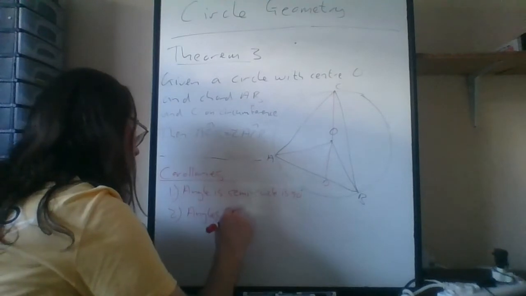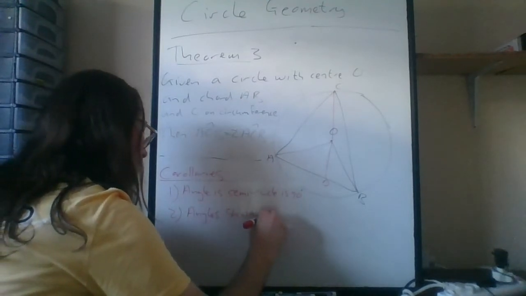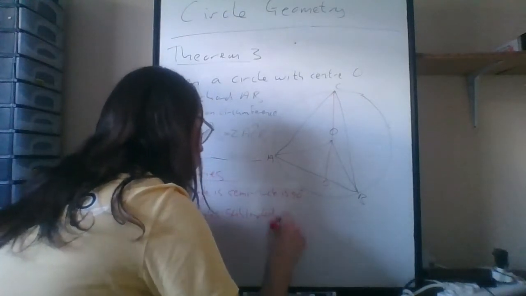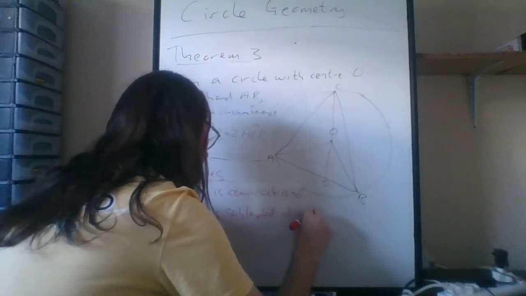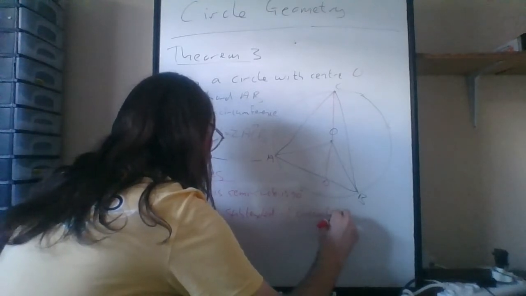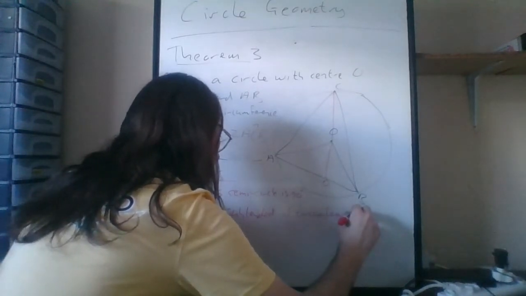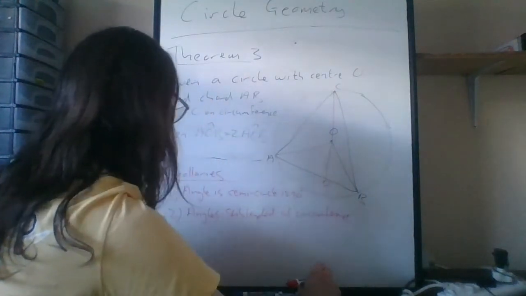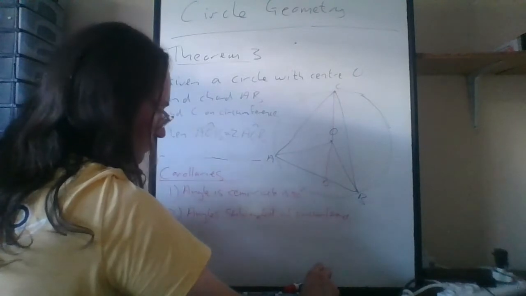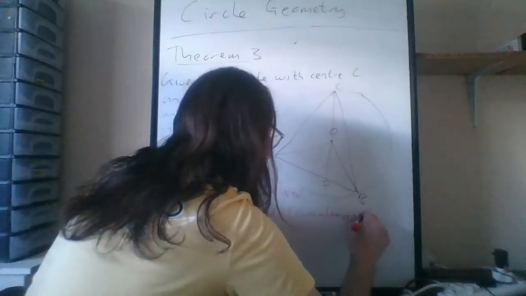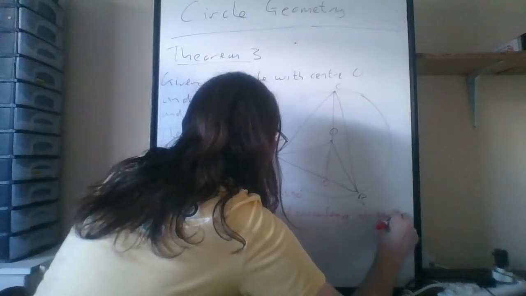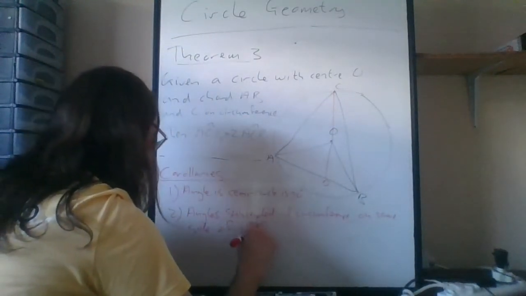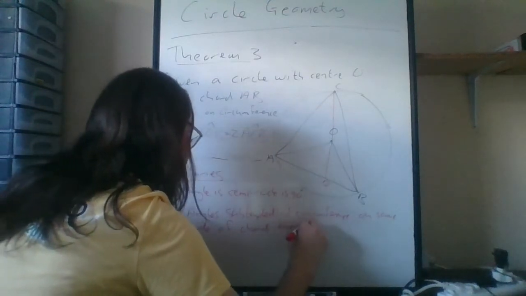Angles subtended at circumference by chord on same side of chord are equal.